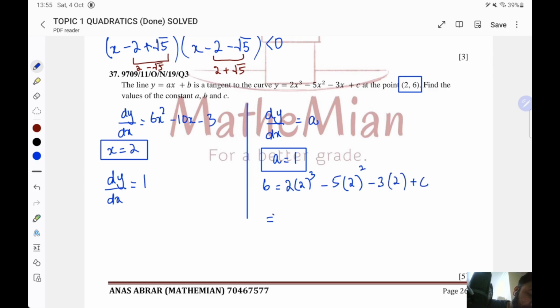If I simplify, I can find the value of c from here. So the value of c, it will be 2 times 8, 16. So 6 minus 16 plus 5 is 20, plus 6.